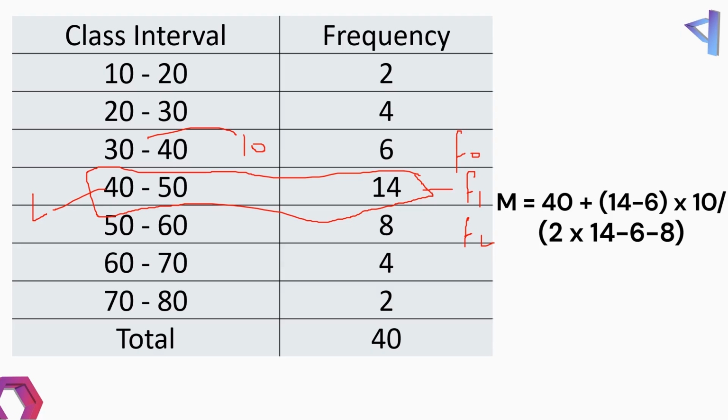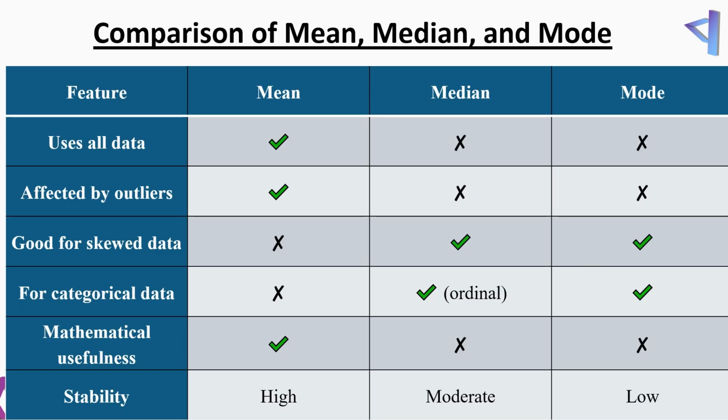As we have already seen in the case of the mean, here we can say in short that the median and mode are often preferred over the mean when the data are skewed or contain extreme values, outliers, such as in income distribution or housing prices, as they provide a more representative picture of the typical values.